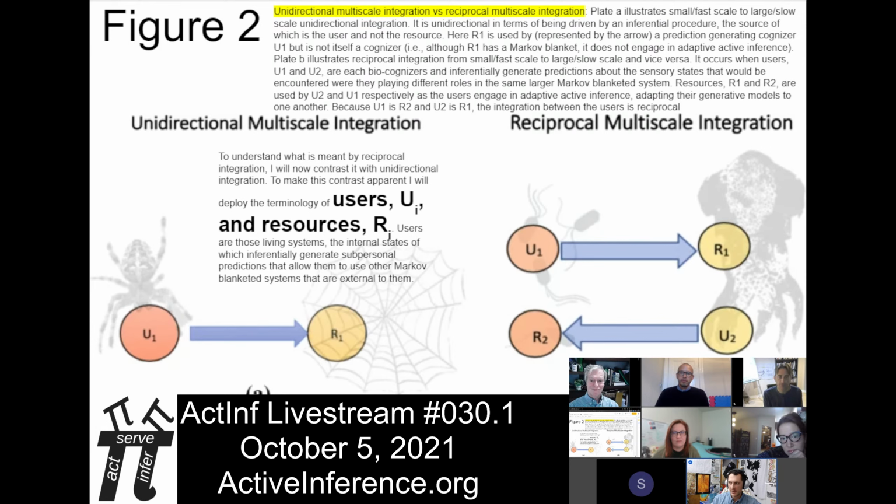In the last half hour, I think there's a few different things. Let's maybe get to one of the key pieces and specific contributions of the paper, which I would love to hear, Matt, your thoughts on, which is just first, what's going on with users and resources? And second, what is the difference between unidirectional multiscale integration and reciprocal multiscale integration?